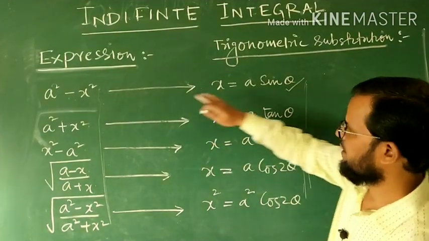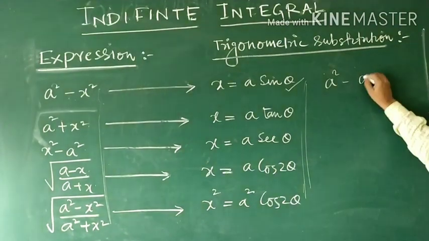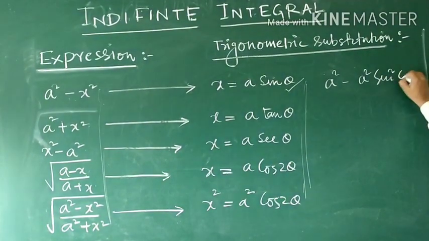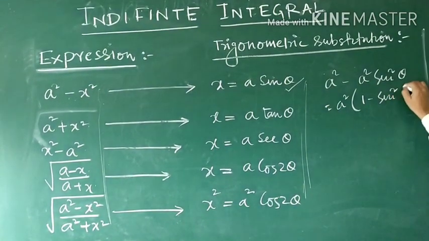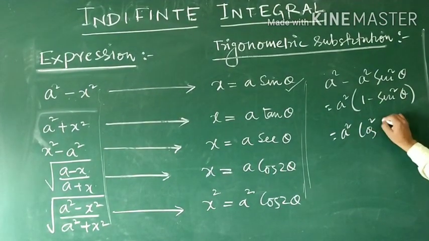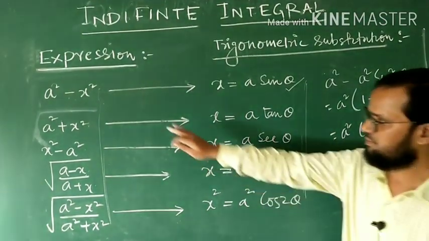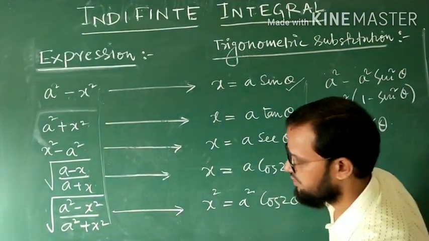If you put x is equal to a sin theta, you get a square minus a square sin square theta. Take a square common, it becomes 1 minus sin square theta, and finally you get a square cos square theta. So we can reduce this particular expression by this type of trigonometric substitution.